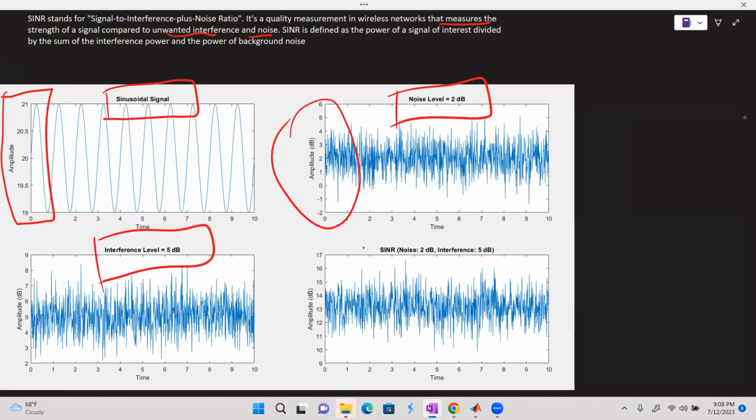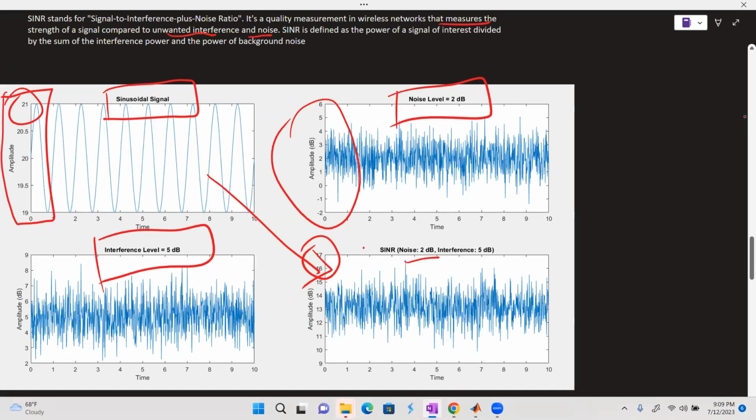So here on the bottom, we can see an SINR plot, which shows the amplitude in dB, and we can compare this with the sent signal. If you see the signal strength, the amplitude has gone from 21 to 17. And this is because it was affected by a noise of 2 dB and an interference of 5 dB.